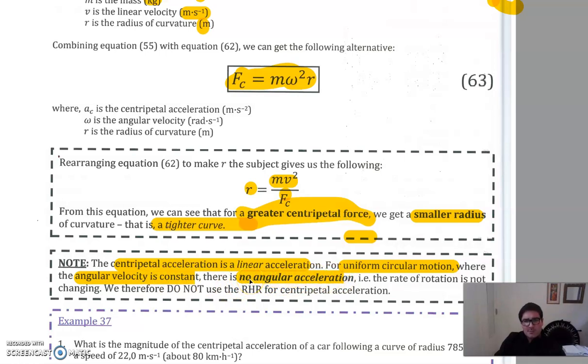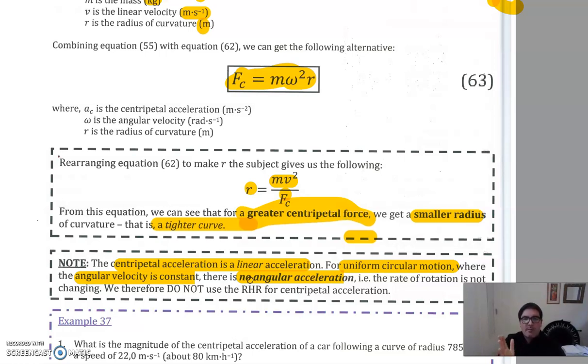The same is true for angular rotation, because you have a constant rate of rotation, so you don't have any change in angular acceleration either. You're not suddenly going over a certain part of the angle quicker and quicker.